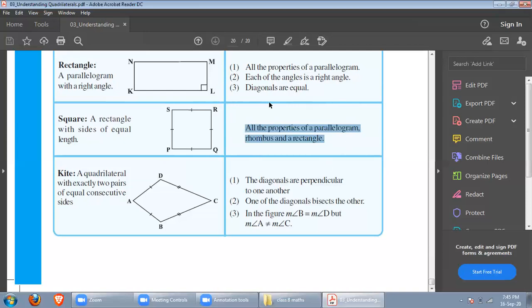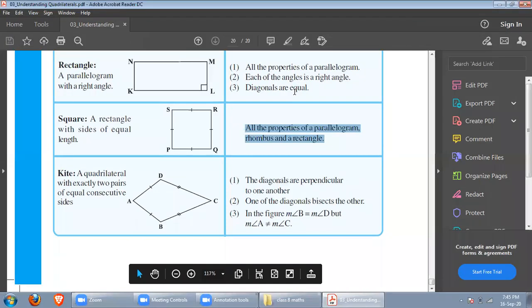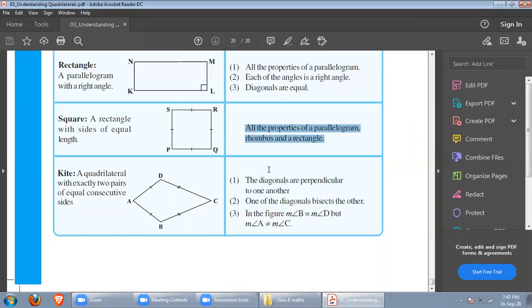But within the family of parallelograms, which is within the family of quadrilaterals, there are rectangles and rhombuses. Again, you can put the square in the family of rectangles. Also, a square can be put in the family of rhombuses, which is also inside the family of parallelograms.